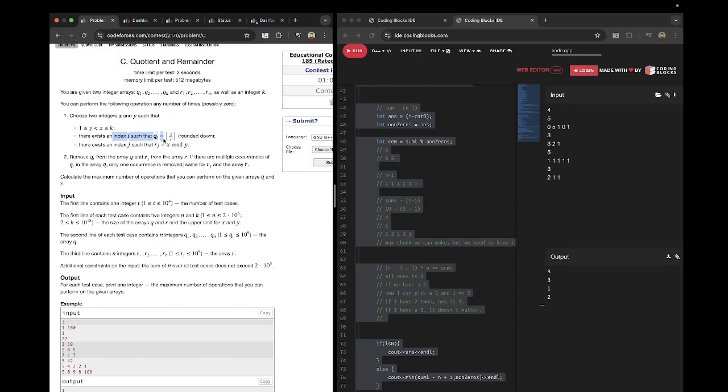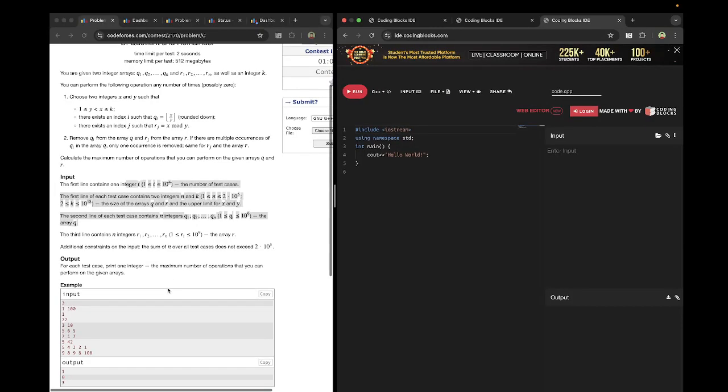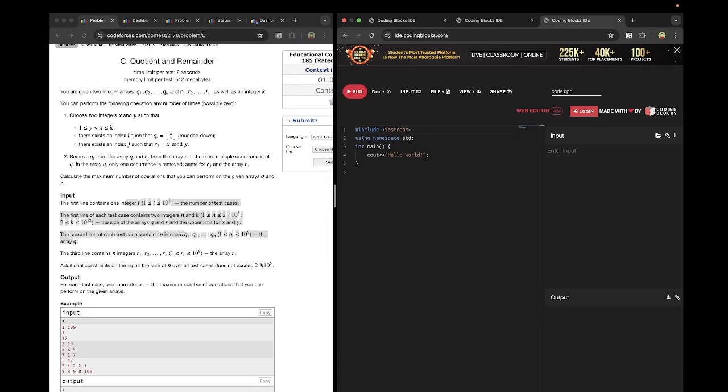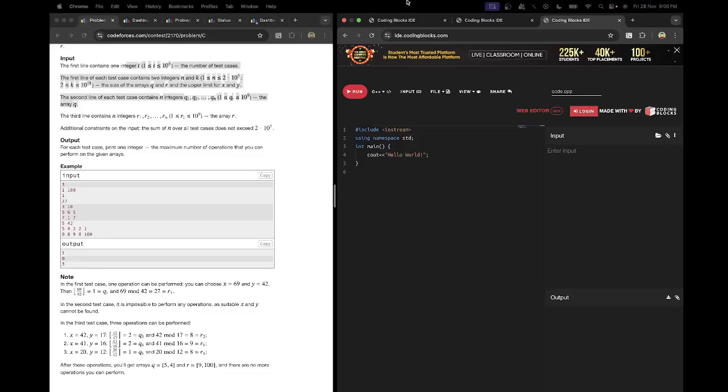There exists an index i such that q i is x by y. Okay, we have to maximize the number of operations. No, I don't think I'll be able to do that.